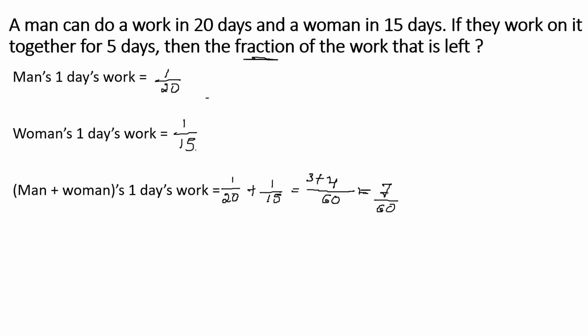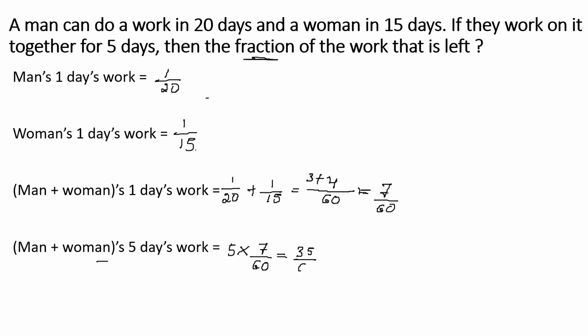So what is the work done in 5 days? 5 days' work will be number of days multiplied by work done in 1 day. So that will be equal to 5 into 7, that is 35 divided by 60. Now how much work is remaining? So remaining work will be, now total work should be considered as 1 always, okay.